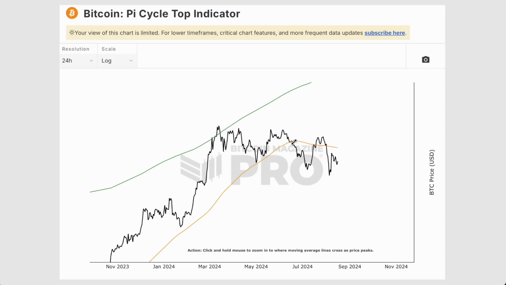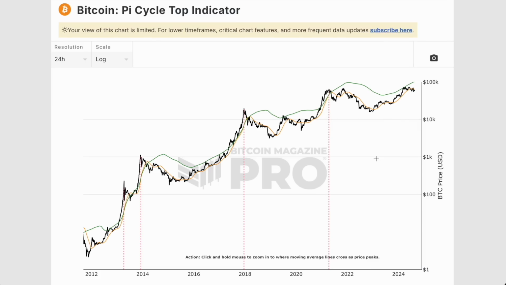We are currently below this 111-day moving average, and we haven't been below it for a substantial period of time like we're seeing right now since back here in the pre-halving year, in this consolidation period. Before then, we were below the pi cycle moving average in the bear market region.